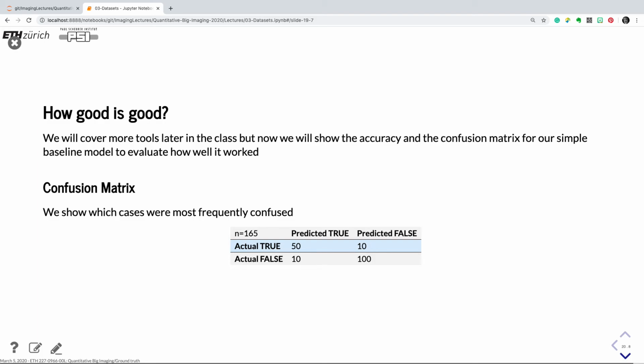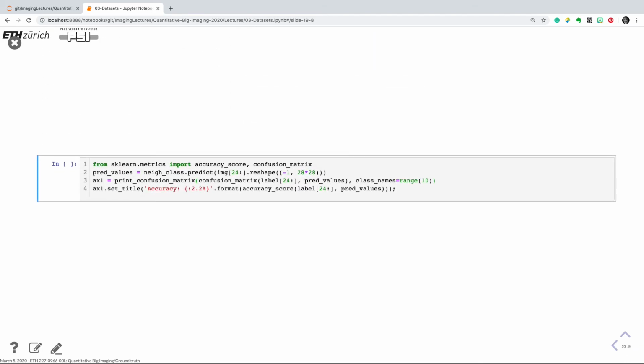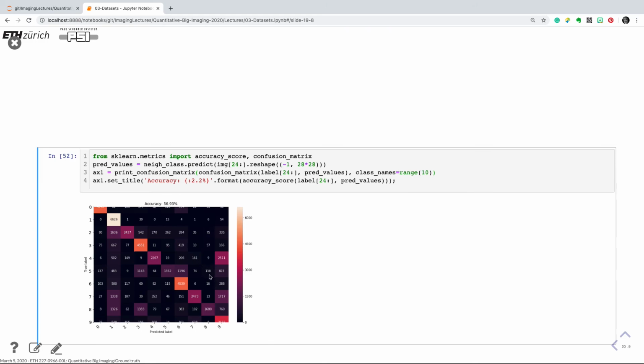So now let's take a look at what the confusion matrix looks like for the data we fitted using the nearest neighbor on the numbers, and it takes a little while to compute it, but here you can see the resulting confusion matrix, where you can see, well, the diagonal kind of is dominant, but there are some cases that are confused.